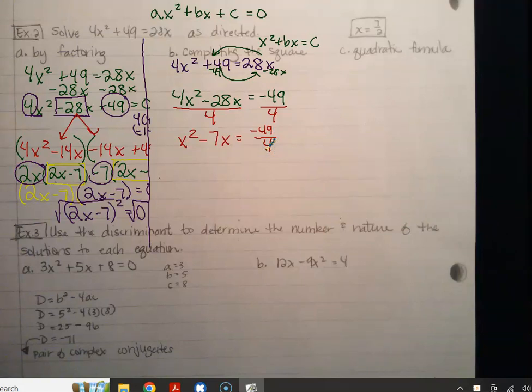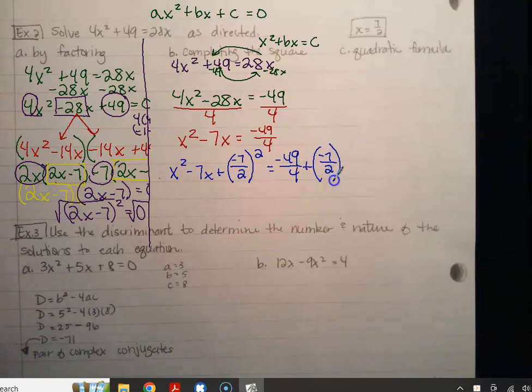And then to complete the square, now we're ready to add the b squared, or b divided by 2 squared. So x squared minus 7x plus, our b value is the negative 7, so negative 7 divided by 2 squared, equals negative 49 fourths plus negative 7 divided by 2 squared.